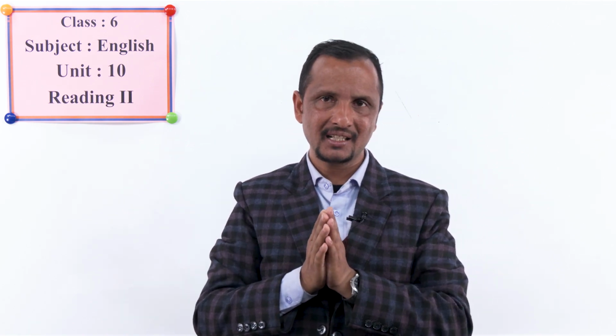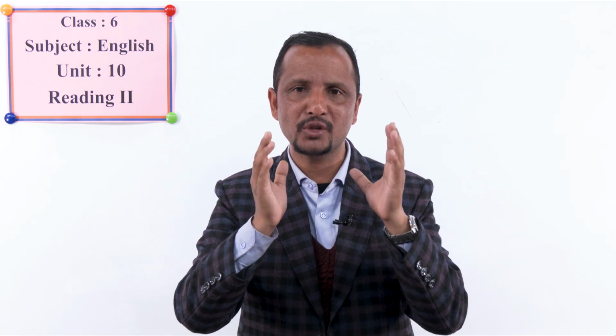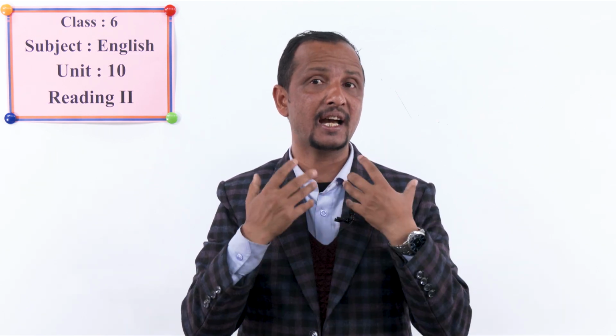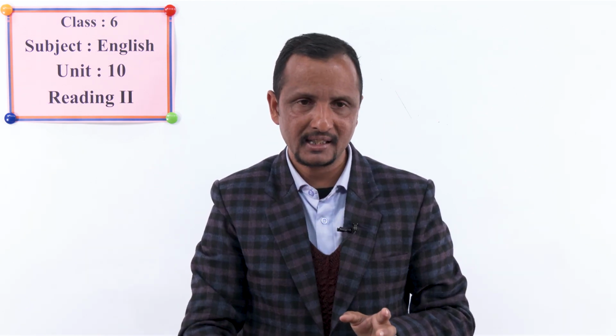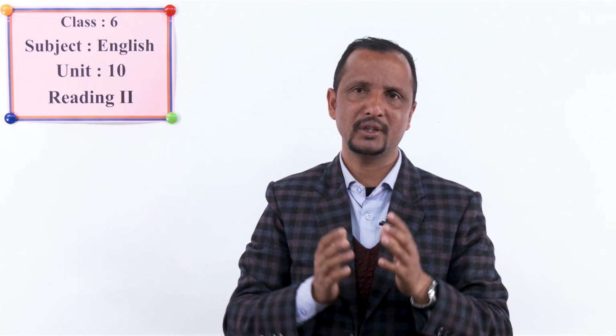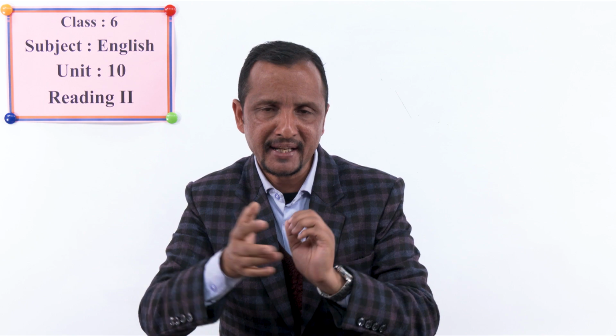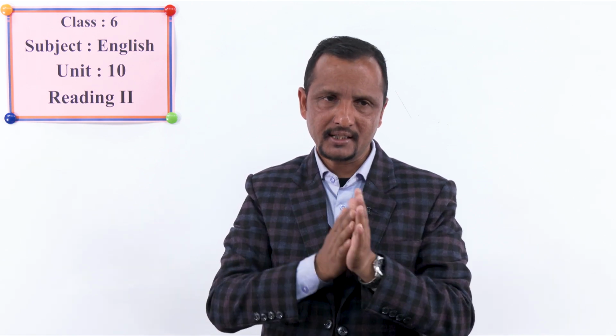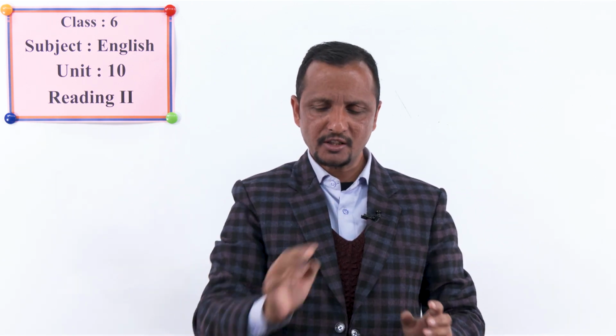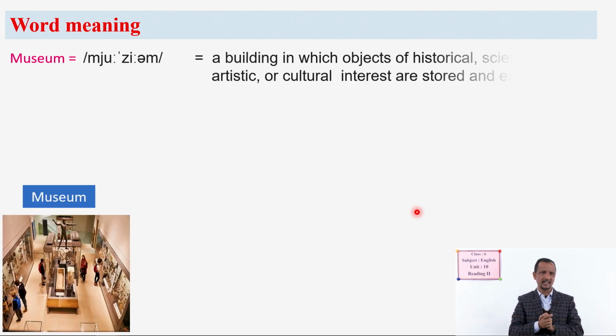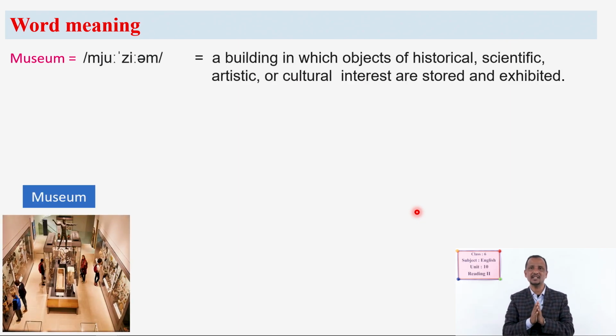Before that, I would like to show some typical word meanings I have chosen. Okay, let's see here. We are going to see pronunciation and meaning. The first one, let's see. Museum. Just follow me and repeat it.